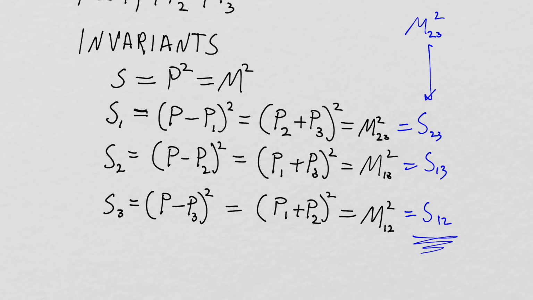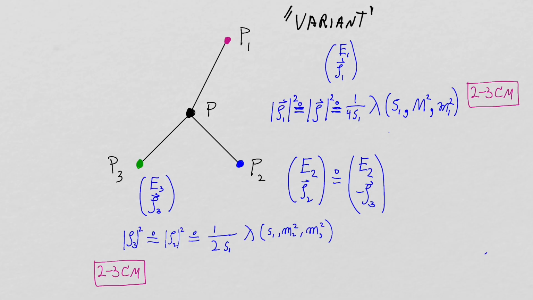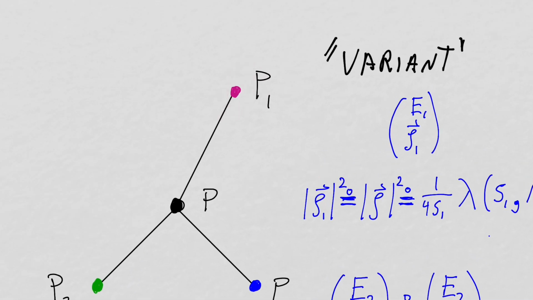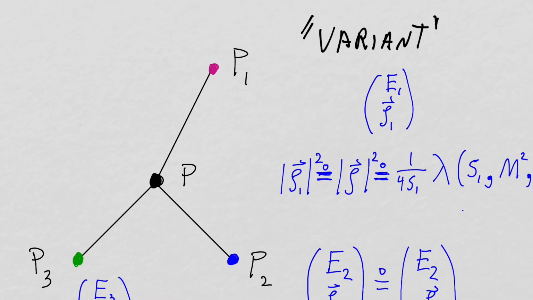But we also then calculated a non-invariant quantity, which I was tempted to call a variant quantity. And the particular variant quantity we studied, we focused in on the properties of particle 1, the first of the three decay products, in this case the little red particle.